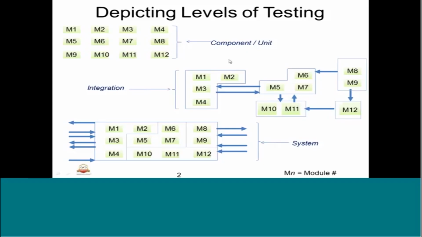Going by this picture, there are 4 blocks. Each block is of interest, and other blocks will be tested separately. So all of this is integrated together, and how it behaves is the scope of integration. Next is system testing. As I said earlier, all the blocks are put together in the box.